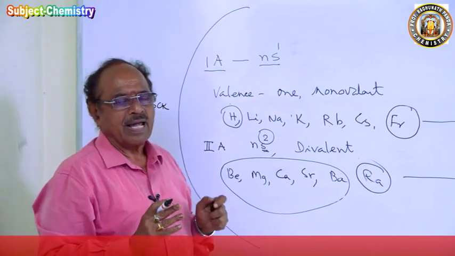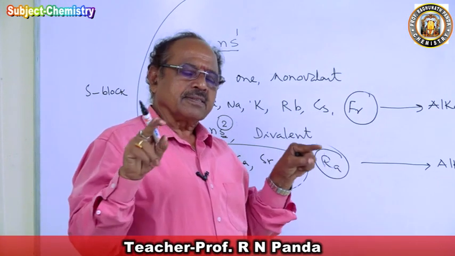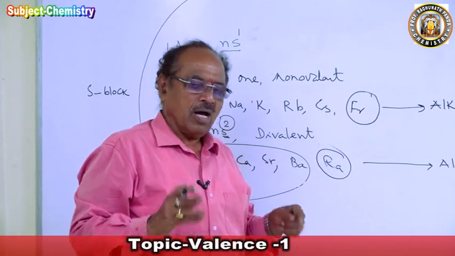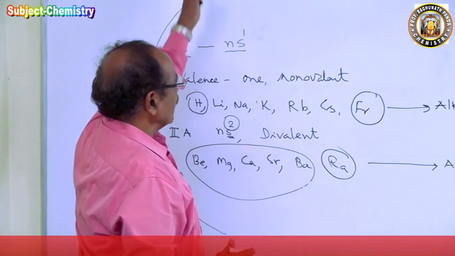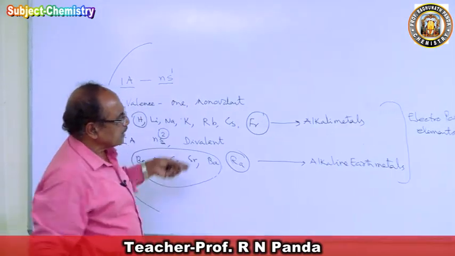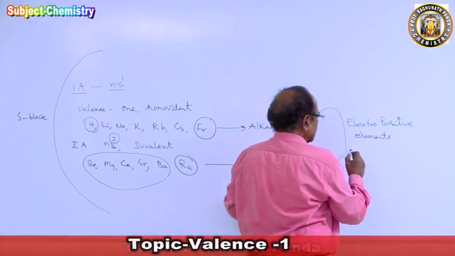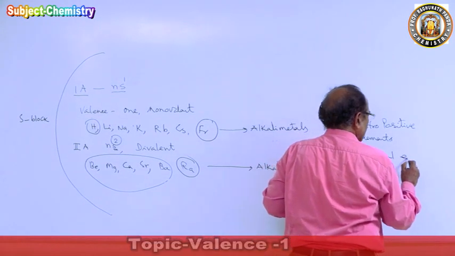Look at the periodic table. I gave a periodic table on the screen last class. It is available on your screen, or if you have a book, open the modern periodic table. On the left, 1A and 2A are called S block elements, and all these elements are normal elements because they exhibit normal valency.